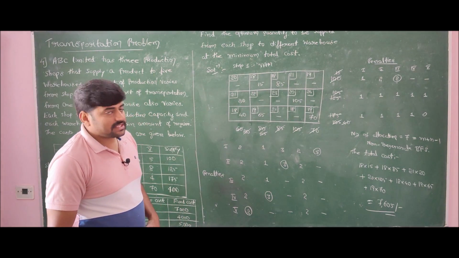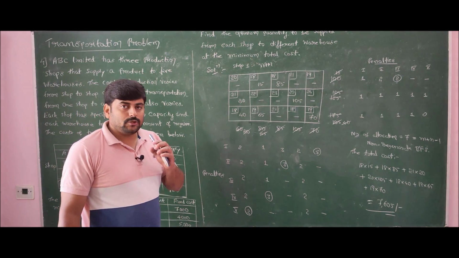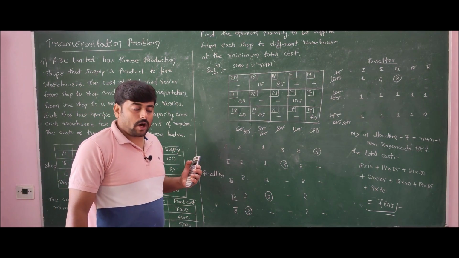Now let us go for step 2 to check for optimality by using the MODI method. Let me pause this video for a while so that people can copy it down. Later we'll go for the optimality test.